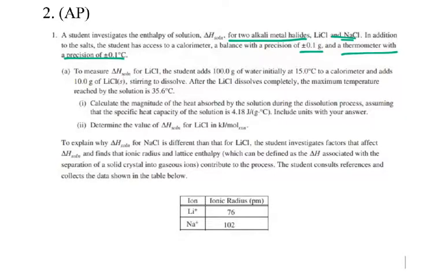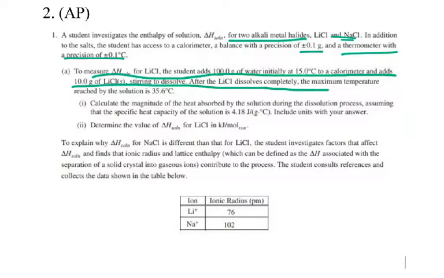To measure the delta H solution for lithium chloride, the student adds 100 grams of water initially at 15 degrees Celsius to a calorimeter and adds 10 grams of lithium chloride, stirring to dissolve. After the lithium chloride dissolves completely, the maximum temperature reached by the solution is 35.6 degrees Celsius.